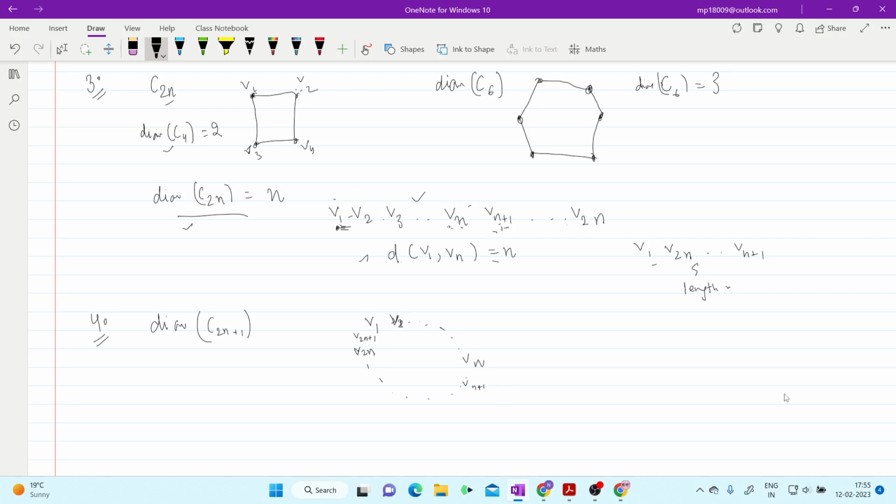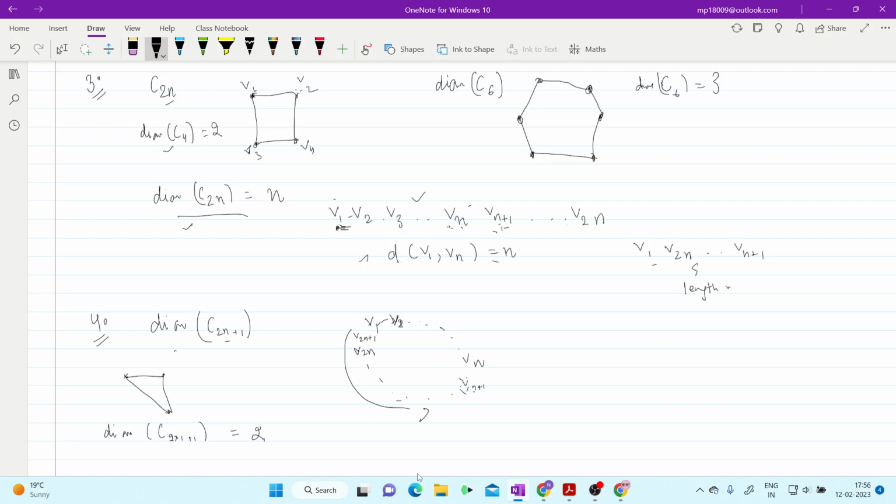Yes. So if we take C3, what is the diameter of C3? It is 2. Similarly, in the general case the diameter will turn out to be n plus 1, because from V1 to Vn plus 1 we have length n plus 1, and the vertices after that will also have a shortest path of length at most n plus 1 if we go the other way.